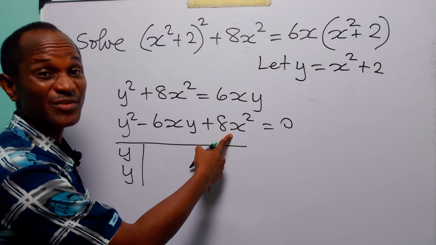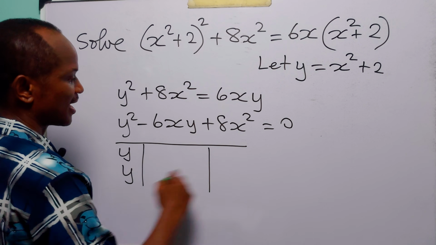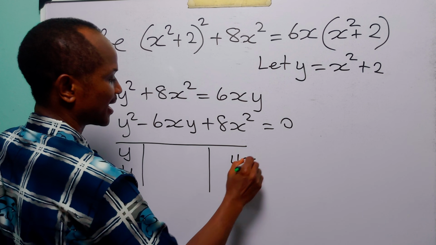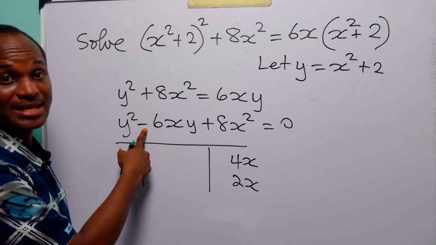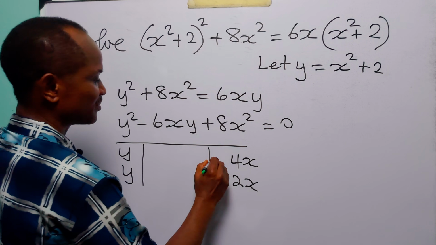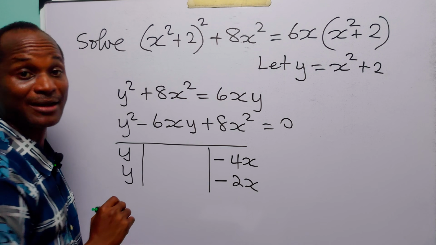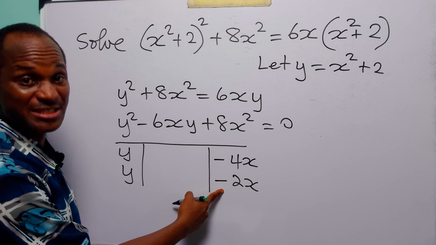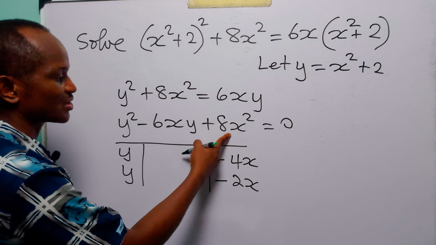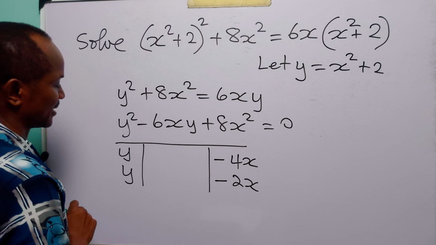What are the factors of 8x squared? We have 4x and 2x. But since the middle term is negative, then let this be minus 4x and let this be minus 2x. Of course, you know that minus 4x times minus 2x is going to give us plus 8x squared.